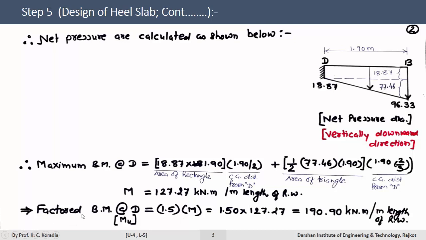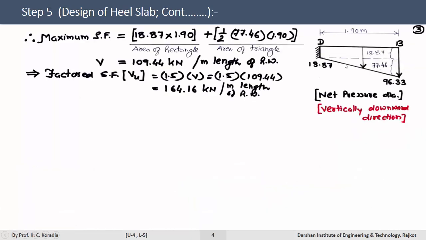Therefore, factored bending moment at point D will be equals to 1.5 into M, that is 127.27, will give 190.90 kilonewton meter per meter length of retaining wall. Now the shear force will be equals to the area of this rectangle plus area of this triangle.